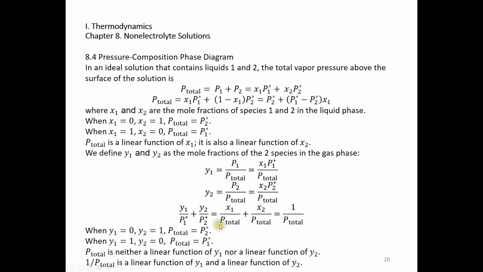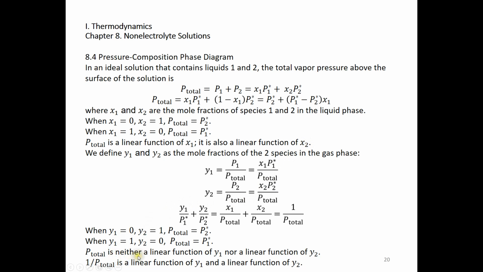Now if you look at this equation, P total is no longer a linear function of y1 or a linear function of y2 as in here. So P total is indeed a linear function of the mole fraction of species 1 in the solution. It's also a linear function of x2, the mole fraction of species 2 in the solution.